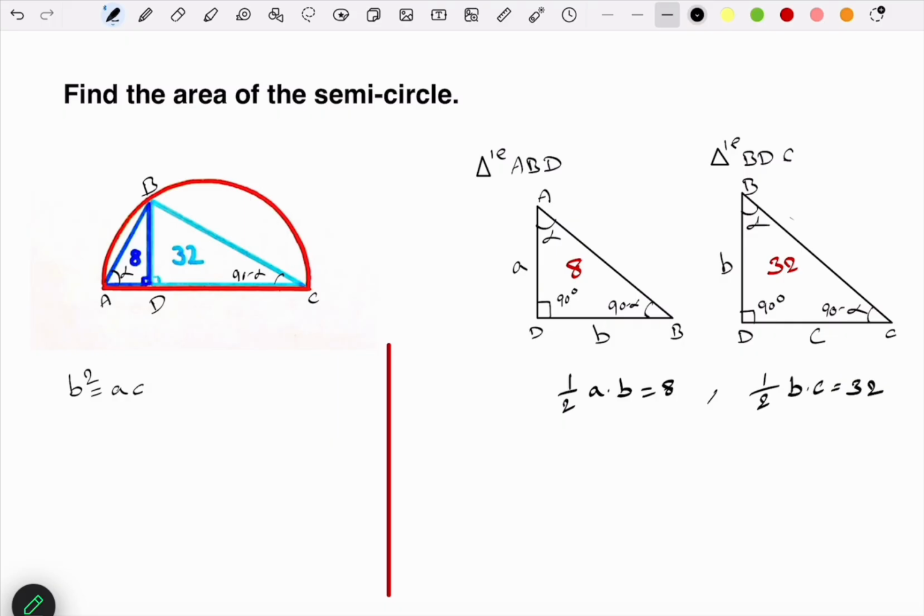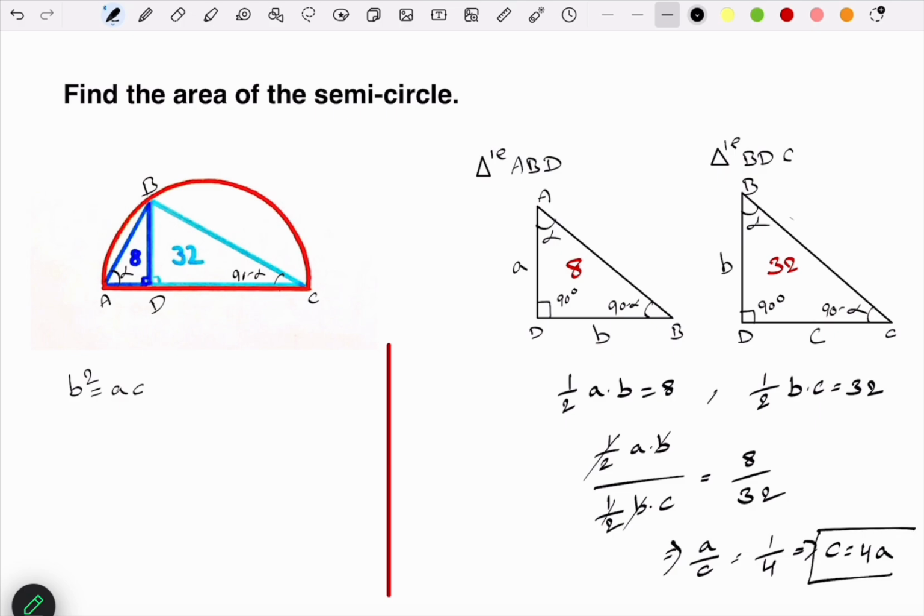Now, if we divide both of these, half times A times B over half times B times C is equal to 8 over 32. If you cancel all the common things in the ratio, then A over C is equal to 1 over 4. That is, C is equal to 4 times A. This is our second finding from the diagram. Let's keep it aside. C is equal to 4A.